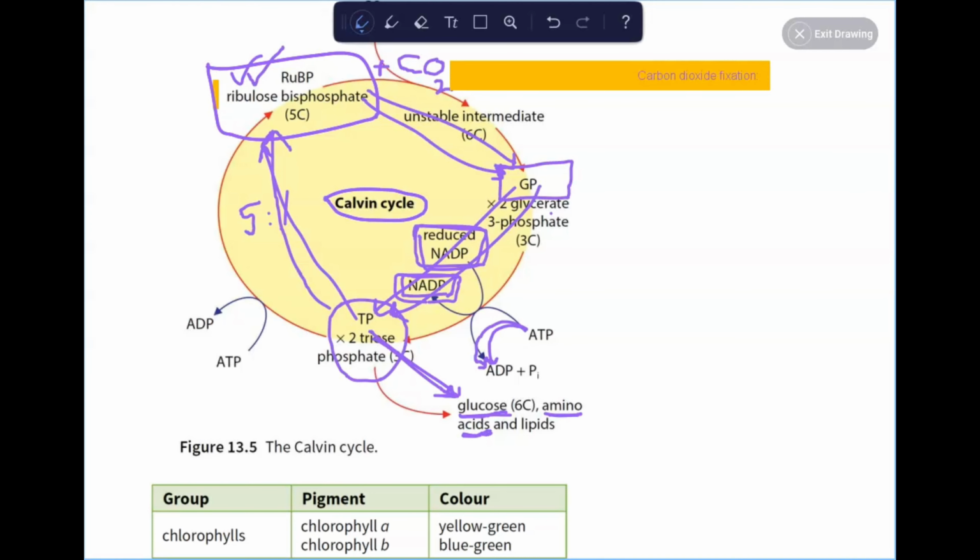So they will be converted into proteins in the cells and tissues of various organs of the plant.